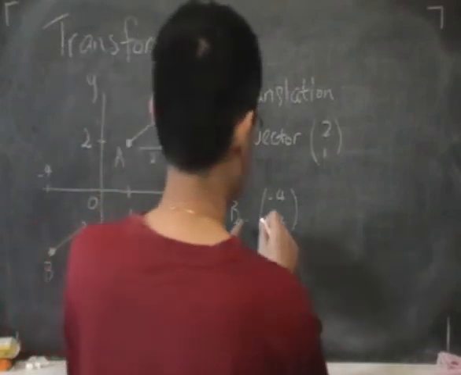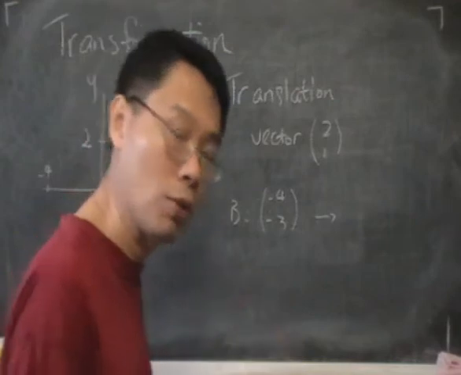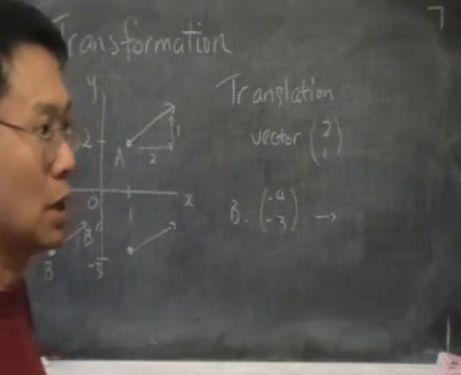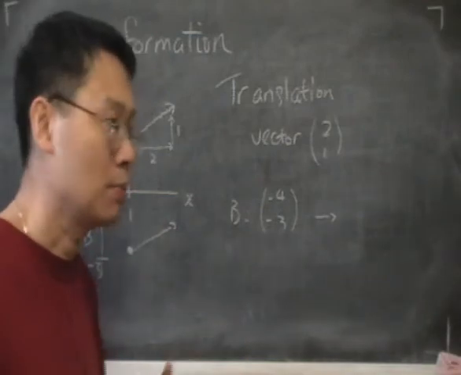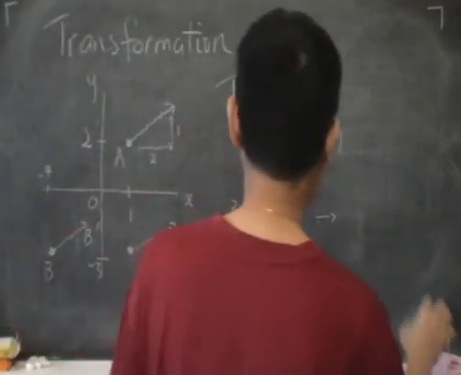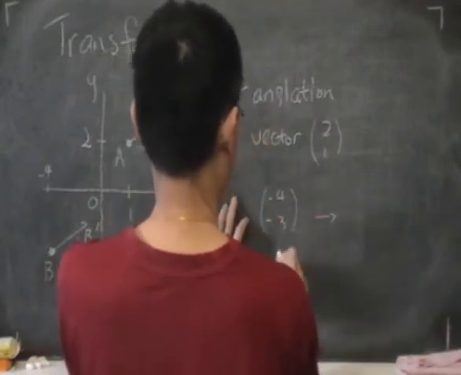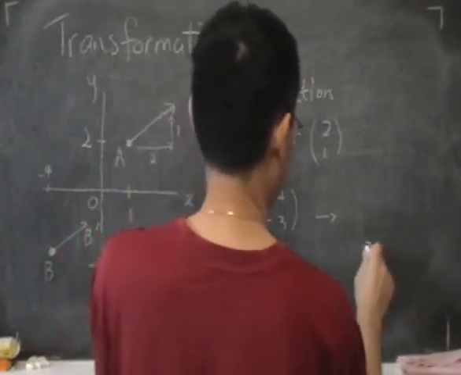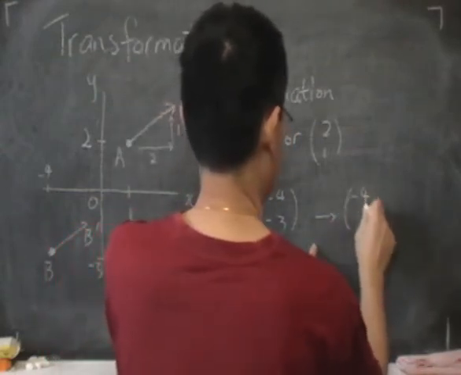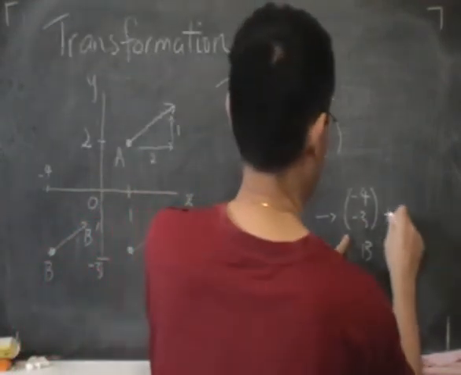So B, which is this vector, goes to, or is transformed to, or we can even say it is mapped to, if you have seen the previous session on functions. B is mapped to B prime, which is given by B itself plus the translation vector.